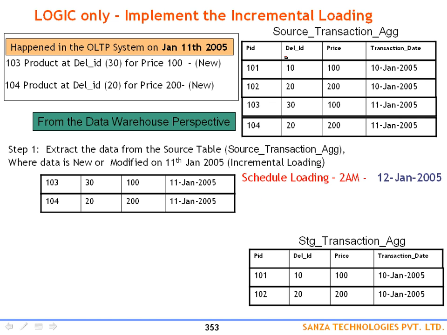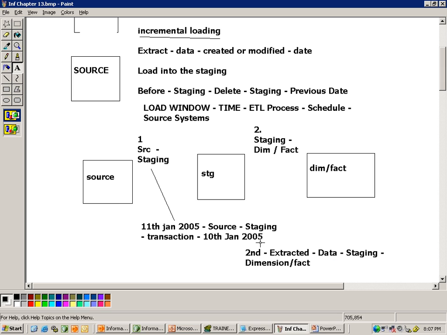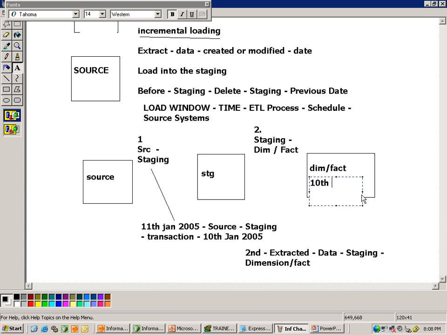So after you have loaded the 10th January data, the second mapping extracts and loads it into the dimension and fact table. After this loading is completed, if you observe, this will contain 10th January transactions.